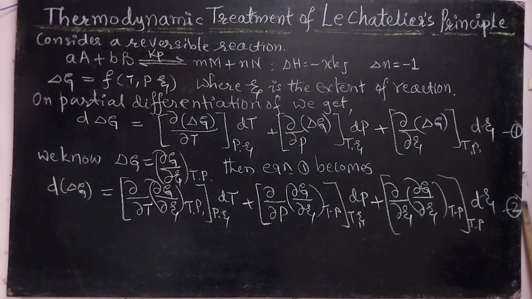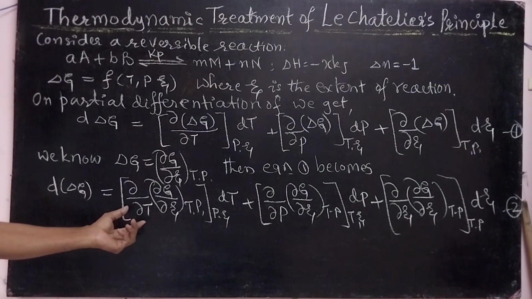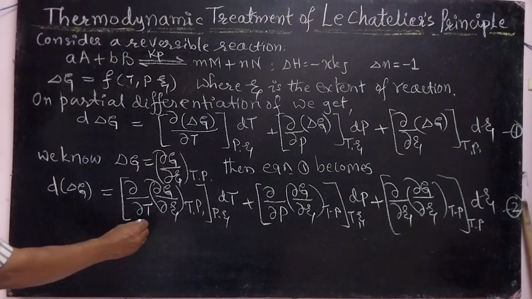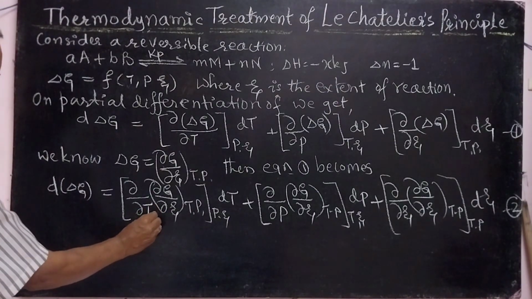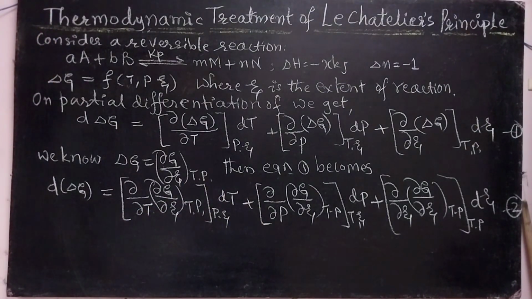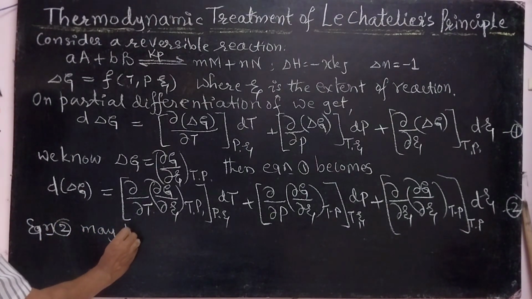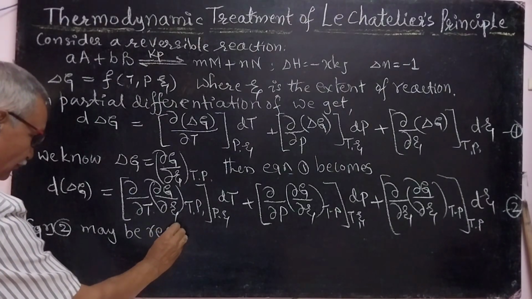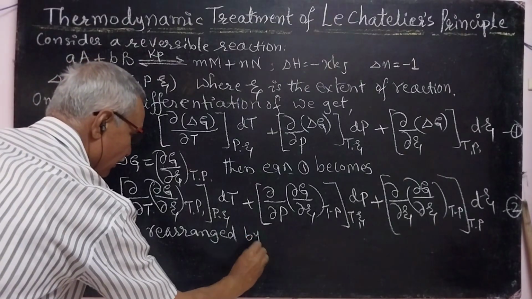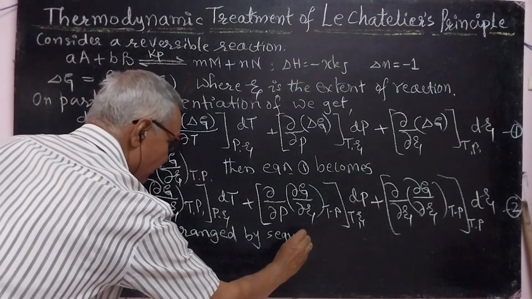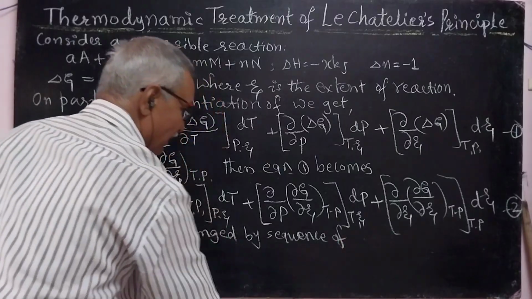Now here we can make a mathematical change, that is, differentiate with respect to epsilon first, then with temperature. In that way we can rearrange equation 2 by changing the sequence of differentiation.